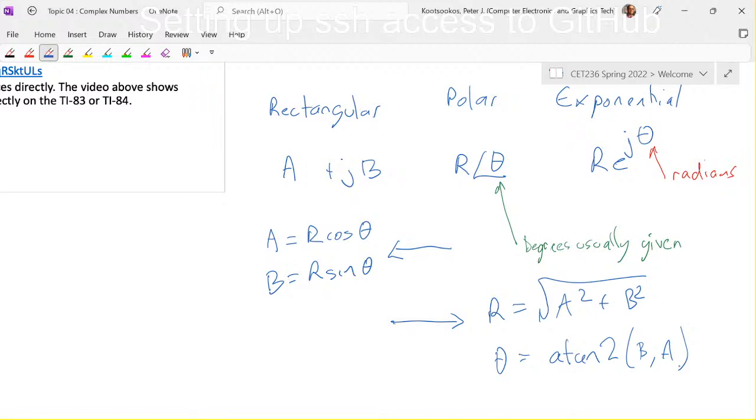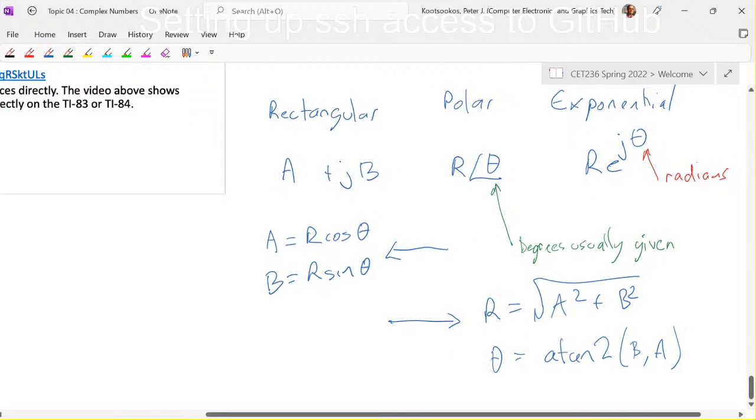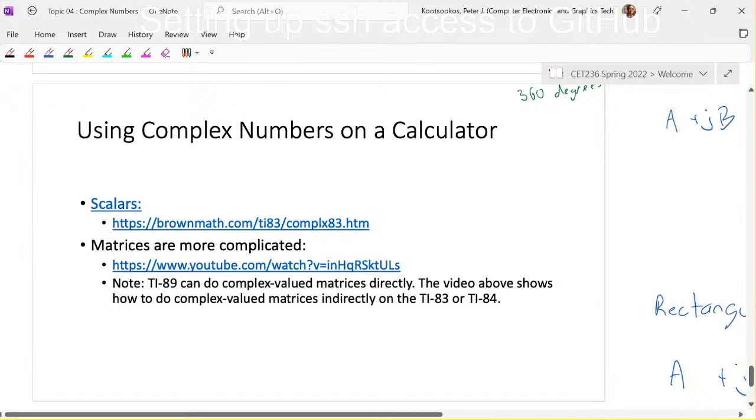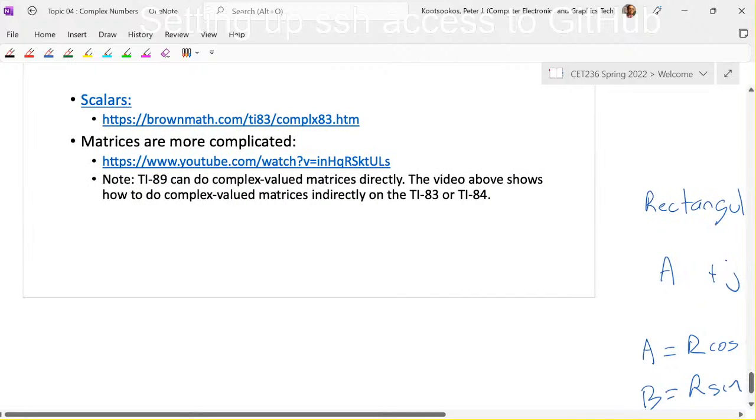You can edit the matrix, but you can't enter 1 plus j into any of the elements. You can only enter a real valued number. However, all is not lost. It just gets a little complicated. There's a video here that I'll show soon, but we'll try it.